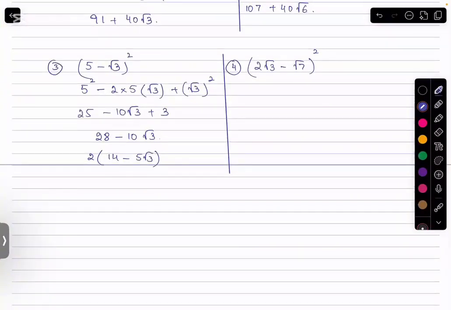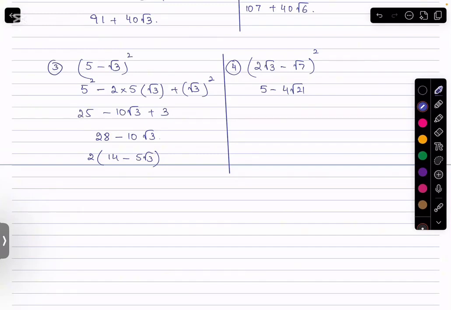Yes. What is it? 5 minus 4 under root 21. And I'm getting 19 minus 4, 21.